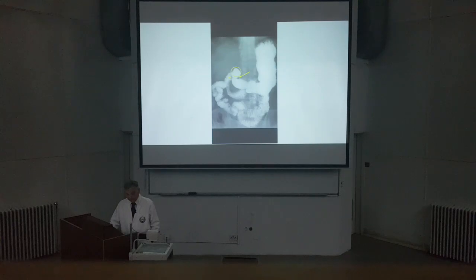Then the second inch of the duodenum. So the upper part of the duodenum is equal duodenal bulb, the first inch, plus second inch of the duodenum.